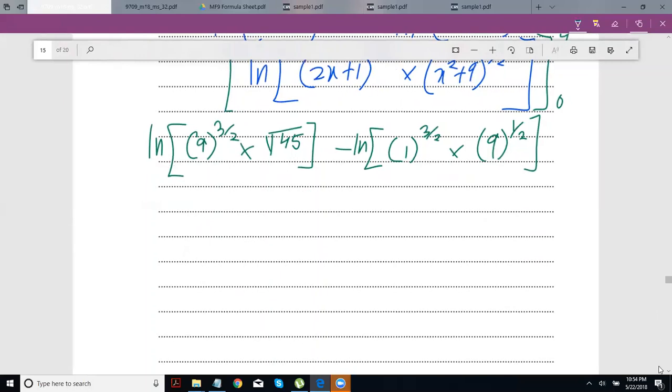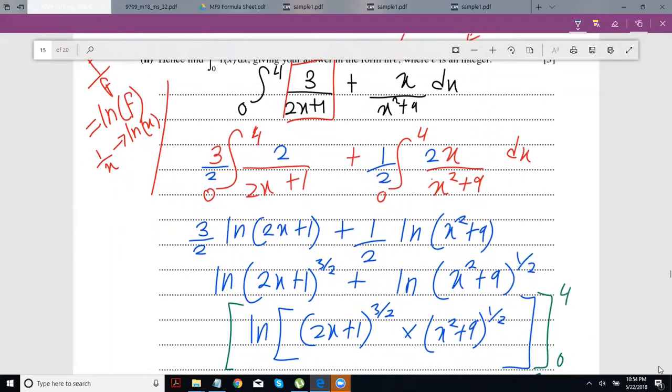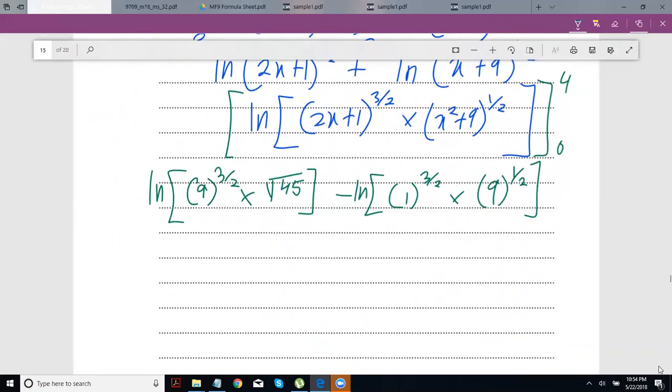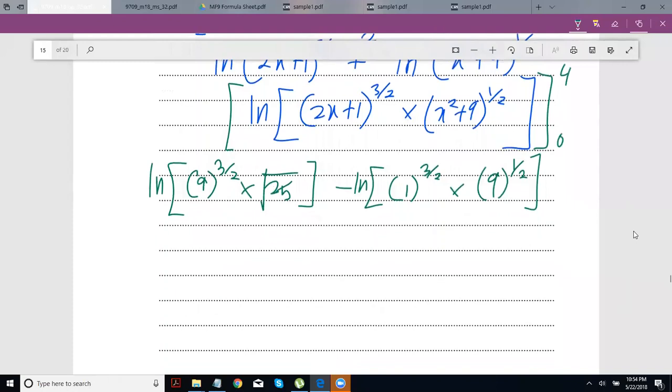And in fact, I think we have to give this in the form of ln c, where c is an integer. So let me just use my calculator to help me a little. Yeah, and on a side note, I'm an idiot. 4 square is not 36, 4 square is 16. So 4 square plus 9 would be 25. This would be root of 25, not root of 45, which makes life much easier.